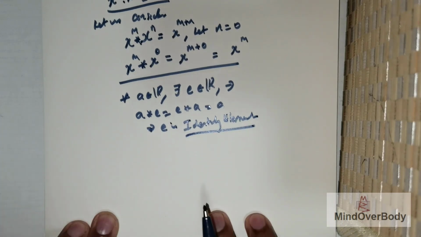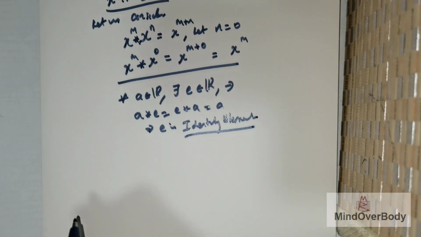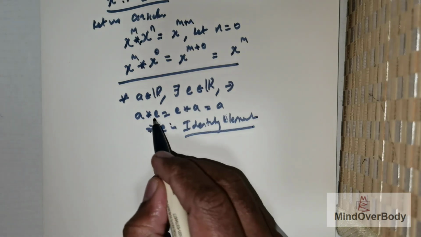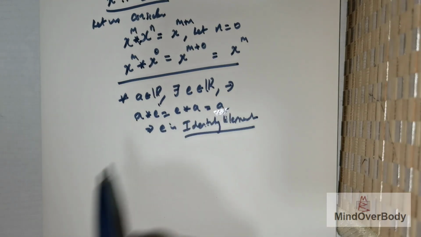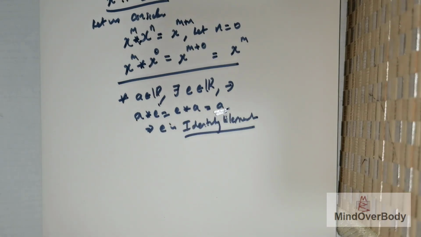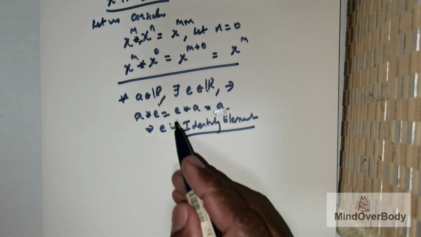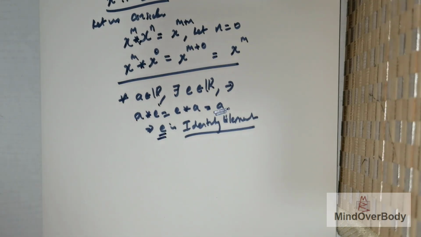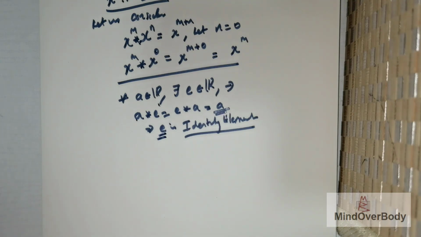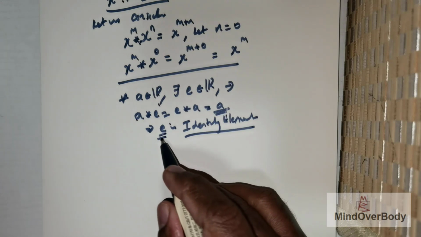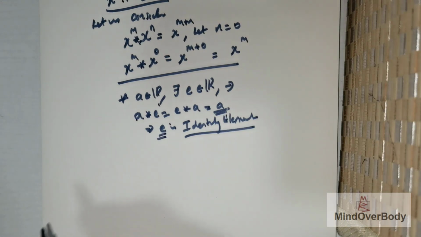So what is important for observation, or what do we need to observe here? The observation is what multiplied with a gives me a back. That is what we need to focus on, the element e which produces the element back. So when you multiply any element by e, the operation produces that original element back to us.